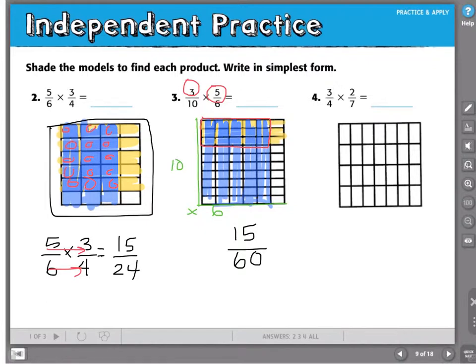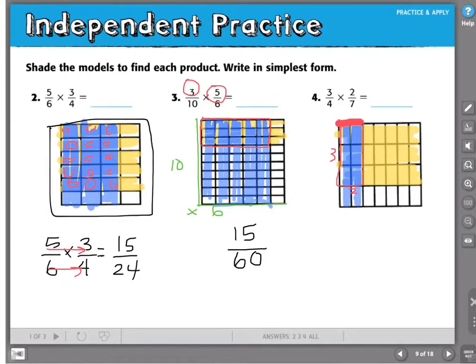Over here, we've got 3/4. Let's make that a bit bigger. 3/4. And we've got 2/7. 1, 2. Again, we have as our numerator the sections that are overlapping have an area of 3 times 2.